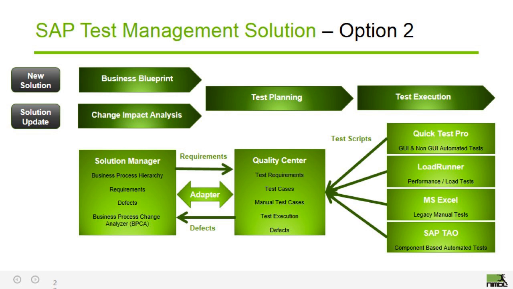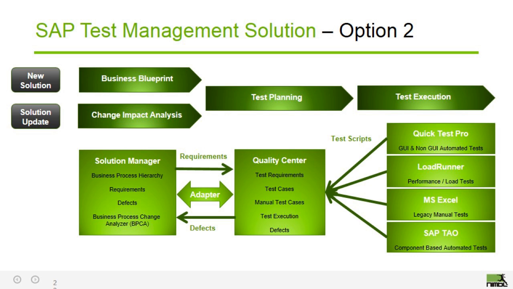scope, the testing scope, as requirements into Quality Center. That happens via a tool called the HPQC Adapter, which is sold to you by SAP. And that will have to be installed for you to be able to transfer those testing requirements into Quality Center. Okay?